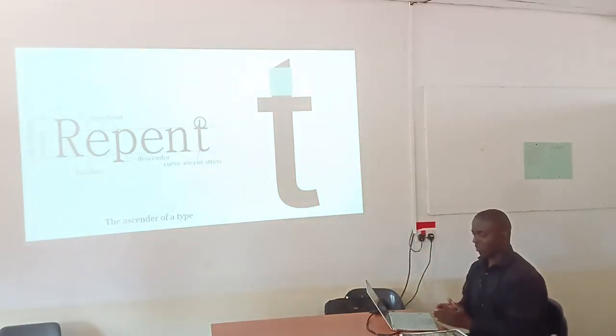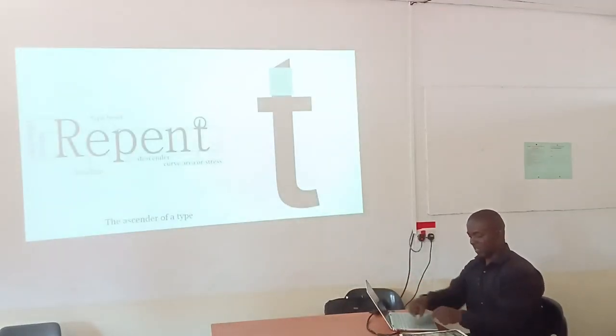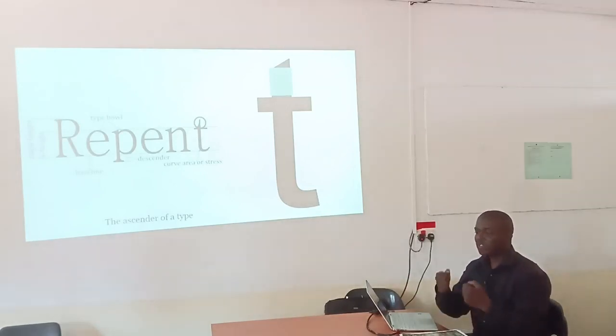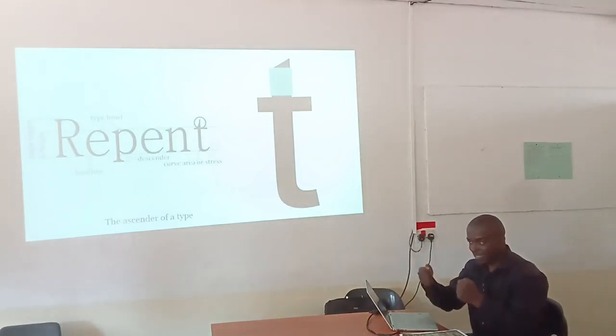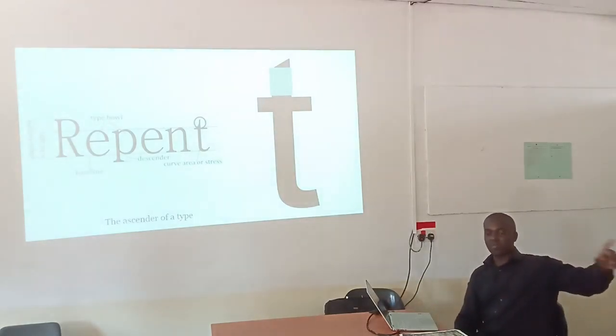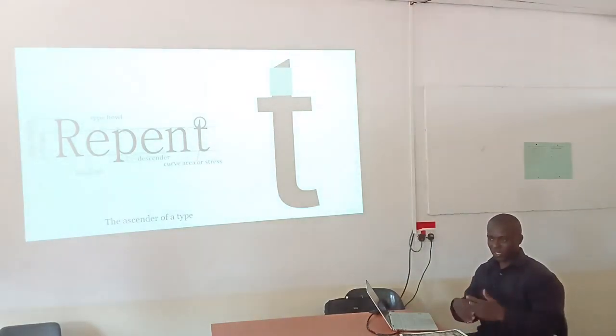Now it's only possible because of the computer. In the past, it was not possible because, as you are talking about type, it was physical printing. So if you wanted to fill space, it was something like that.